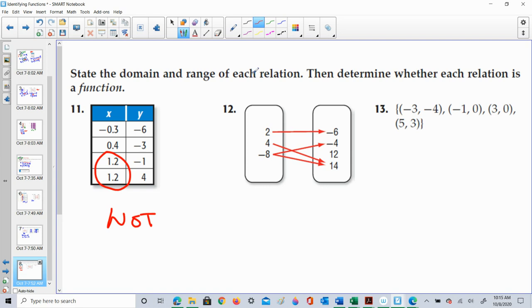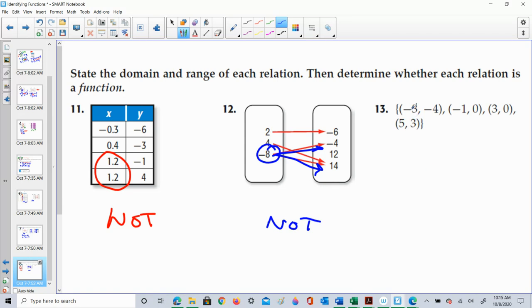And this one over here, since that's in red, I'll go to blue. 2 to 6 is good, 4 to 14 is good. However, right here, -8 goes to 2 different places, therefore not a function either.